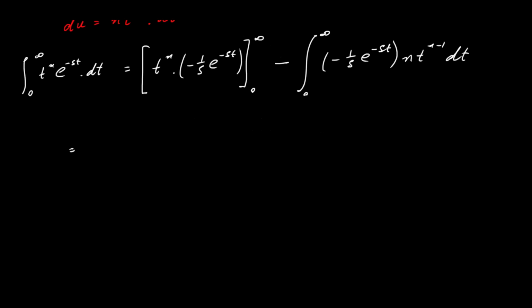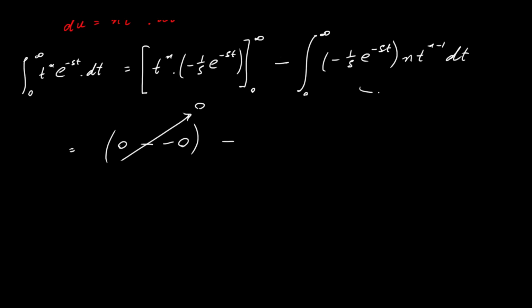So what we end up with is 0 minus, and now we've got to put in 0 instead of t. You can see immediately that if we put in 0 here, we'll get 0 multiplied by this, which gives us 0. So we just end up with 0 minus 0, so this whole thing just becomes 0.